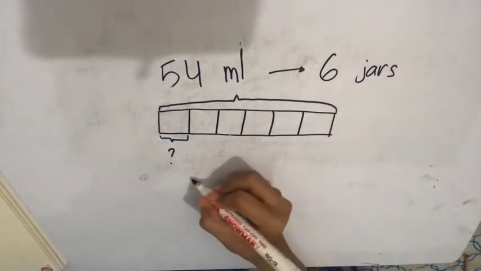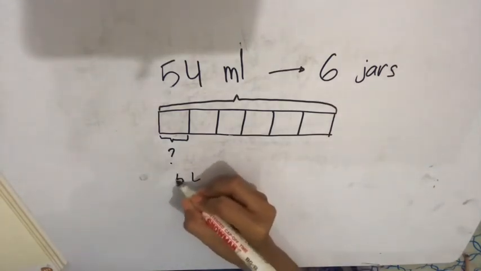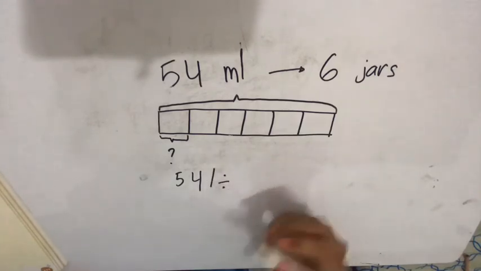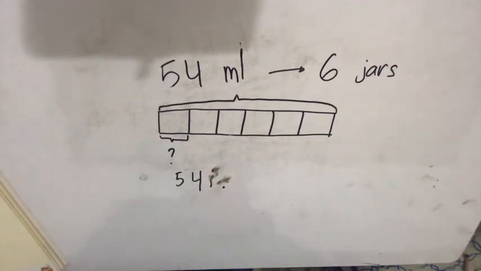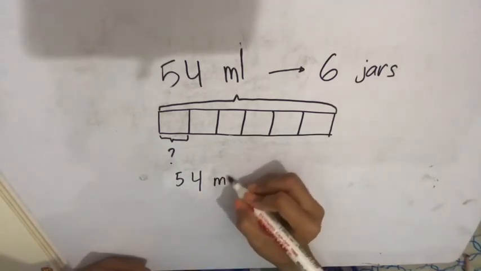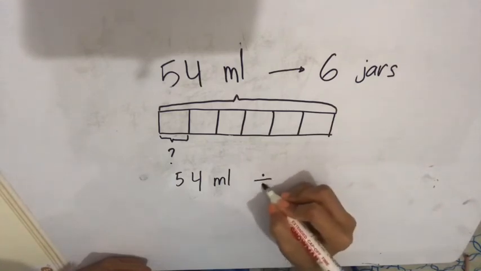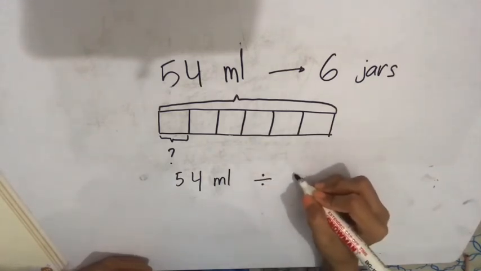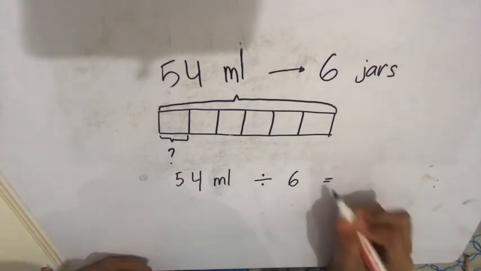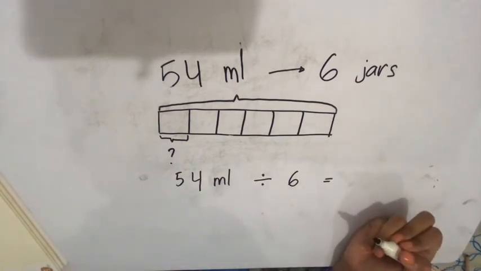Now we will do 54 milliliters divided by 6 equals.